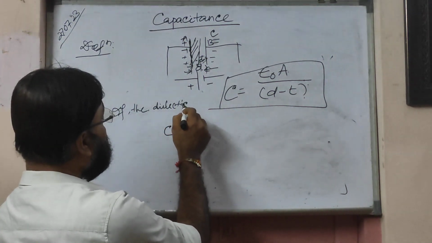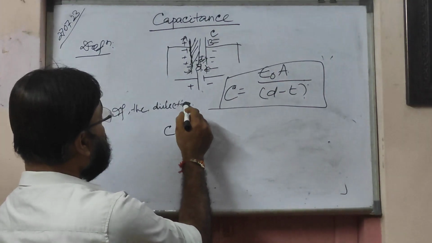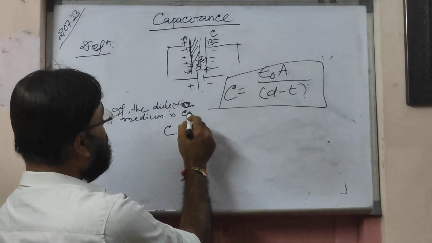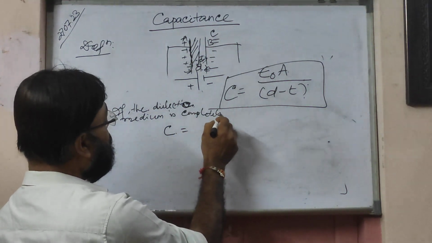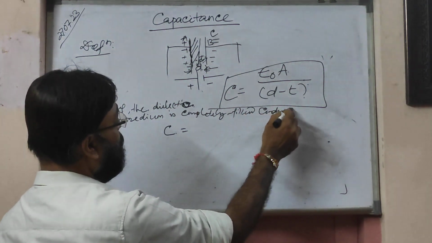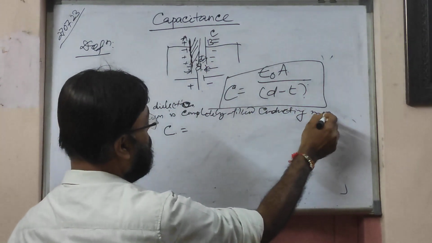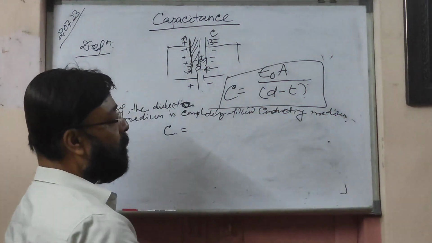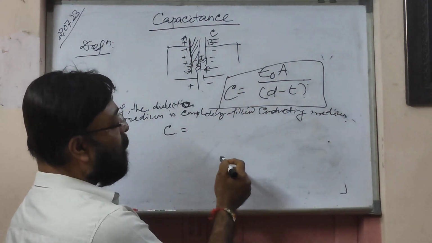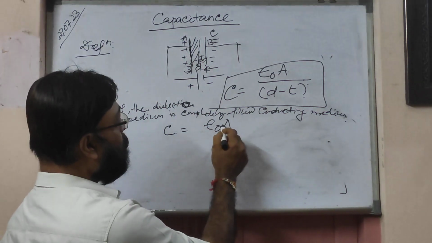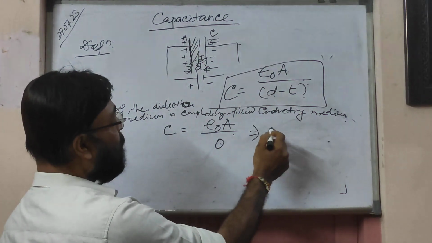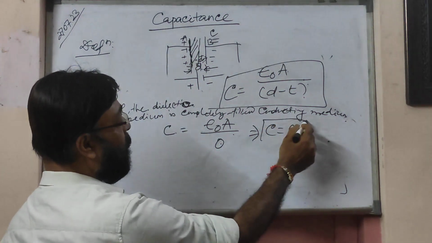If this dielectric medium is completely filled with conducting medium, so in this case what will happen? In place of D it will be D minus T, and in place of T we can write D. So epsilon 0 into A divided by, when D is equal to T, it becomes 0. So in this case the capacitance becomes infinite.